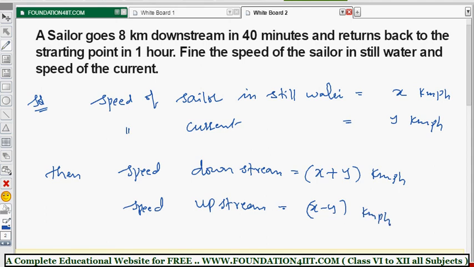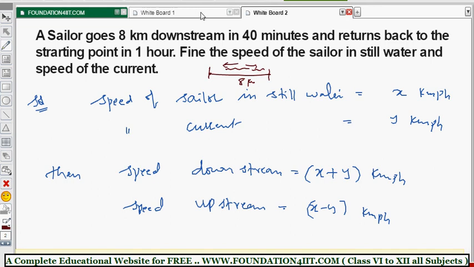Now this is the data we will take. The sailor goes 8 kilometers, so the distance is 8 kilometers. The distance never changes, from one place to the other, whatever the water flow. Once we take downstream, once upstream.